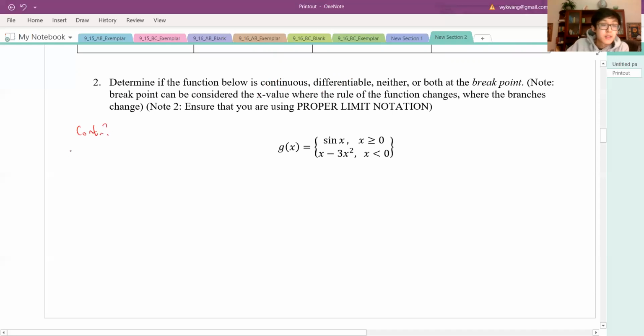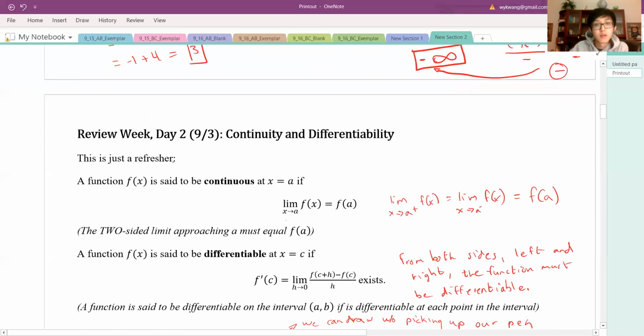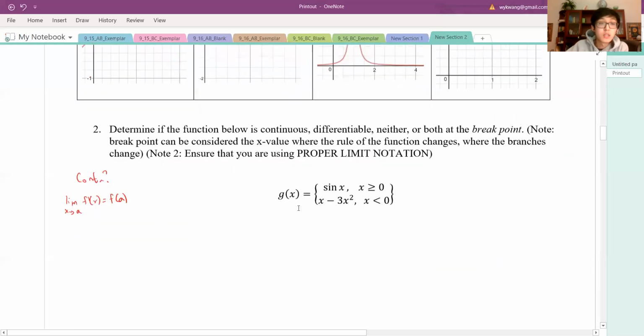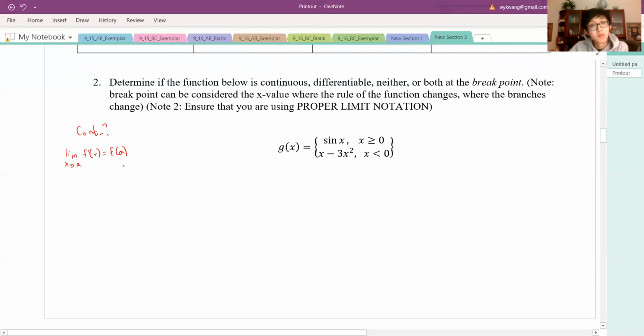Let's remember the definition: the limit as x approaches a of f of x must equal f of a. That is what we wrote up here. This also means the two-sided limit must equal f of a.